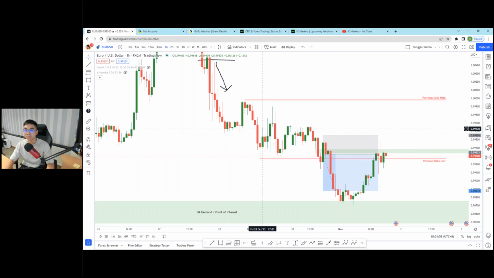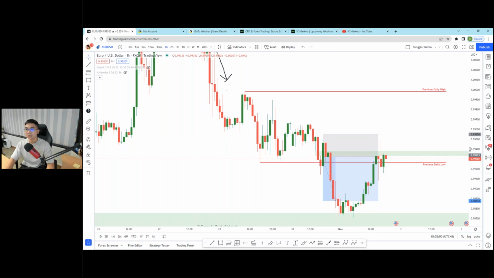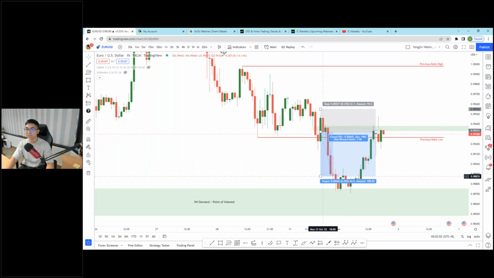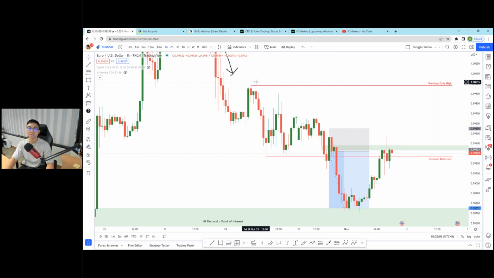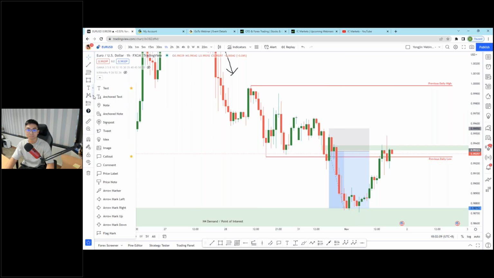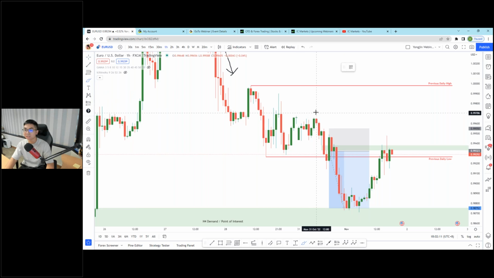Why is my stop loss here? I know some of you want a very safe stop loss. You'll say, smart money concepts, there is an equal high right here, price can break, can go higher. So why do you set your stop loss here?